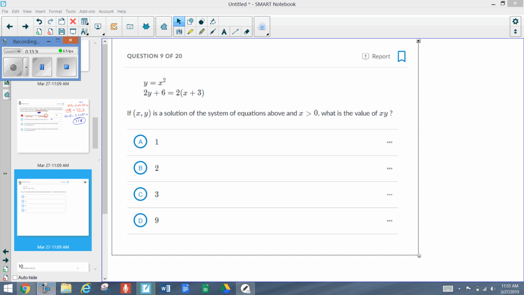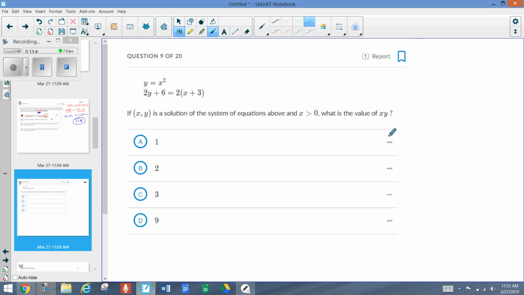When I look at the question, I cannot plug in. We cannot use plug-in technique in this question because the question is not X or Y. This is the product of that two variables. Let's distribute this one. Distribute.